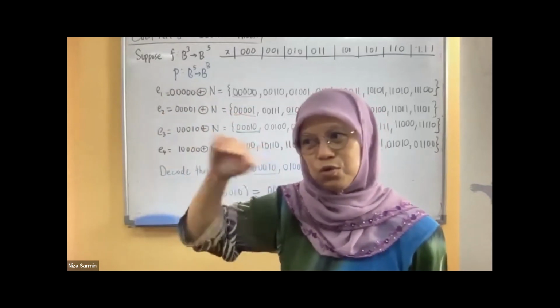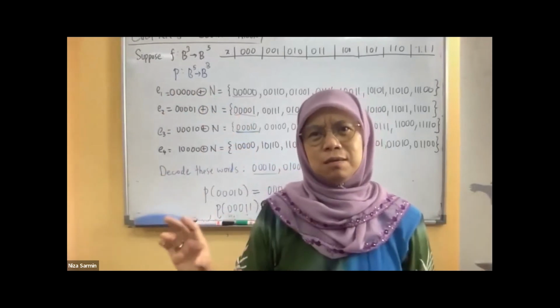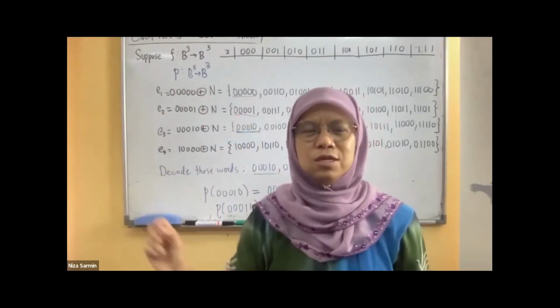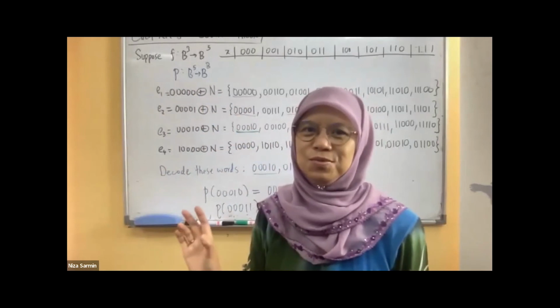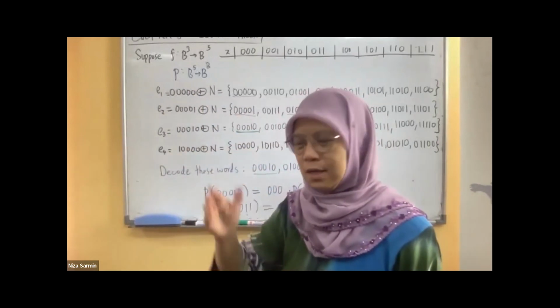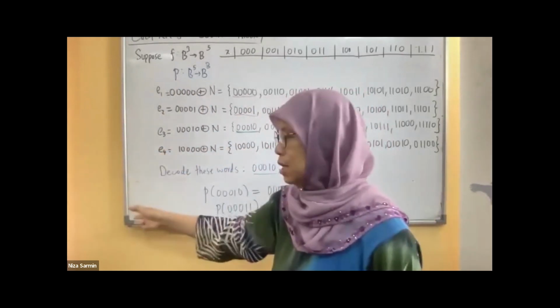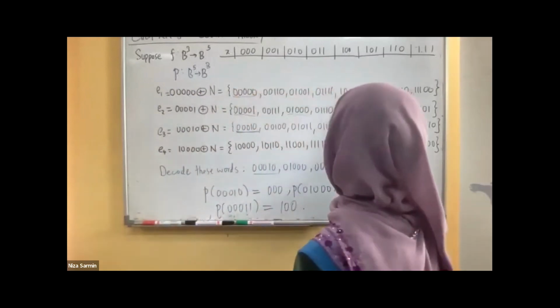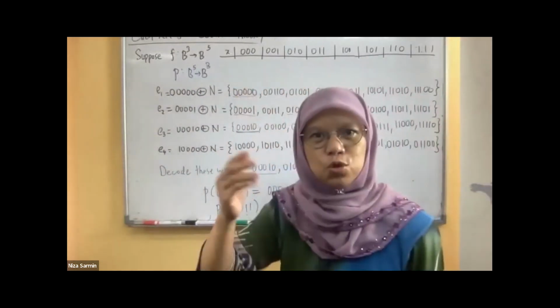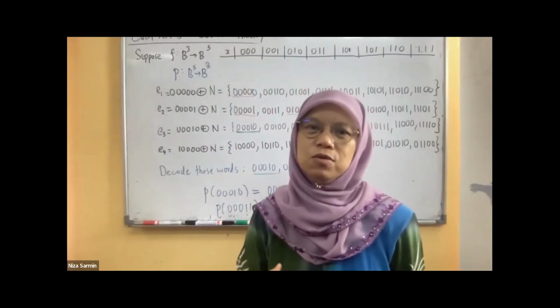If you do it by family tree, you don't need to list all 32, because it will take time. I didn't list all 32. I listed just 5 of weight 1. If you have weight 1 already in all of them, you go to weight 2, and then weight 3 and so forth.